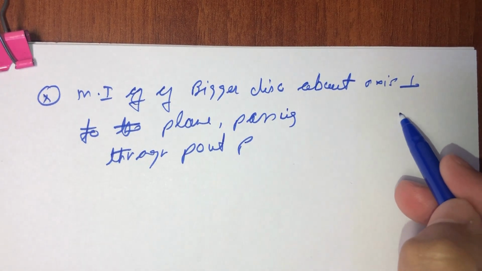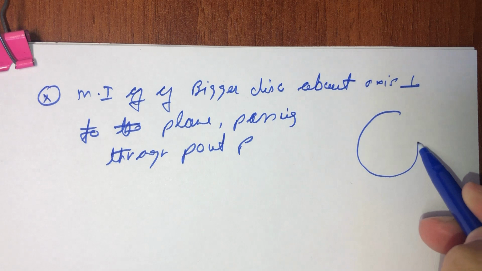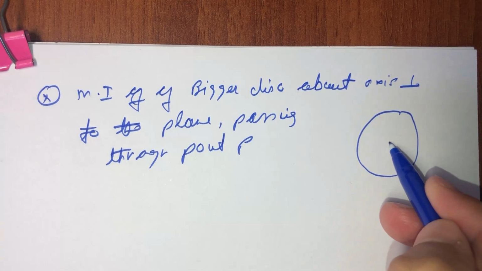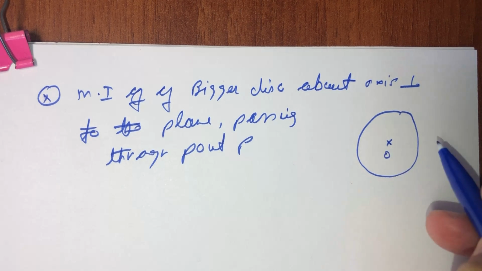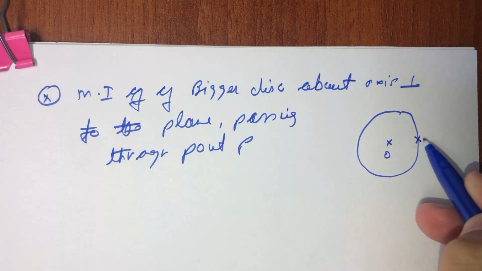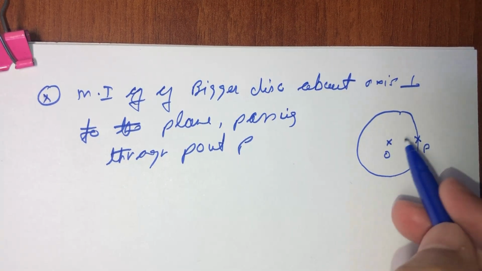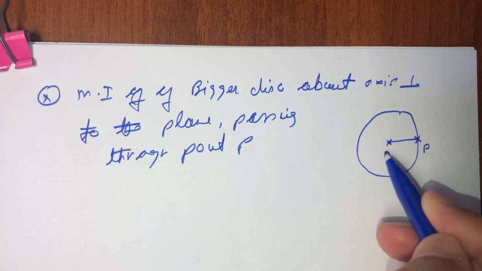So this is a bigger disk. We already know the moment of inertia about the center, which is given as O, and we are interested in finding the moment of inertia about this point P. So we are going to use the theorem of parallel axis.